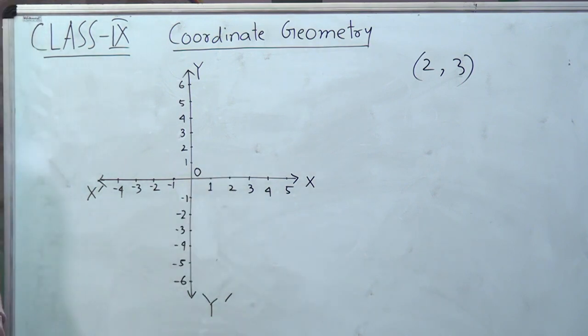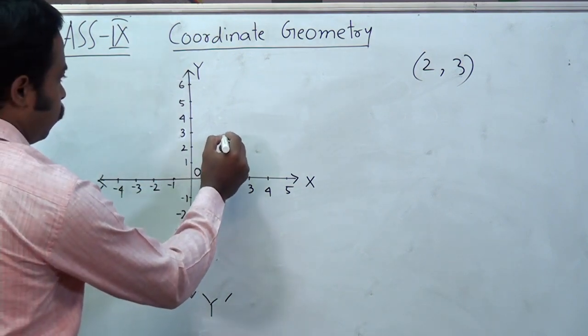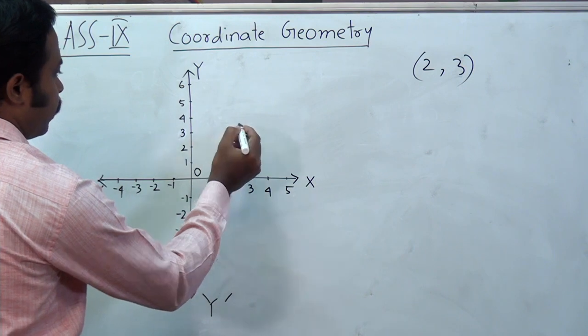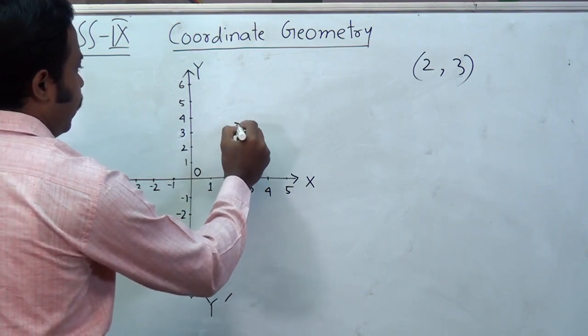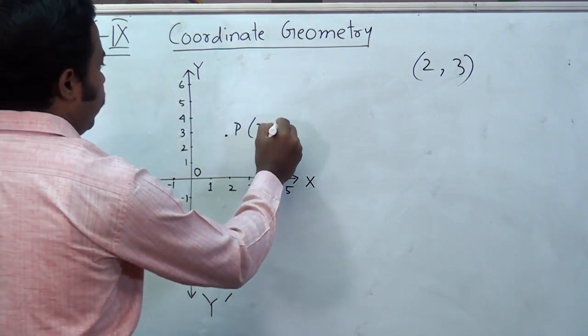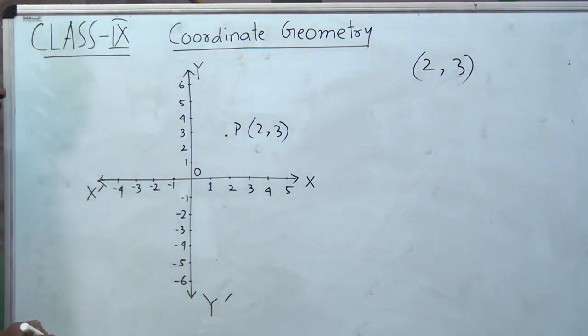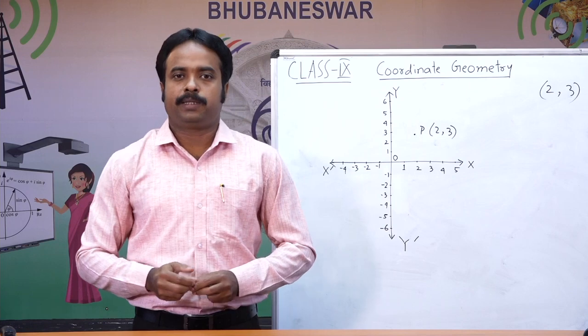Then we have to go 3 units along the y-axis. If we go 3 units along the y-axis, then its position is this. Therefore, if we take P as this point, then the coordinates of this point are 2, 3, or P is the point which represents 2, 3.